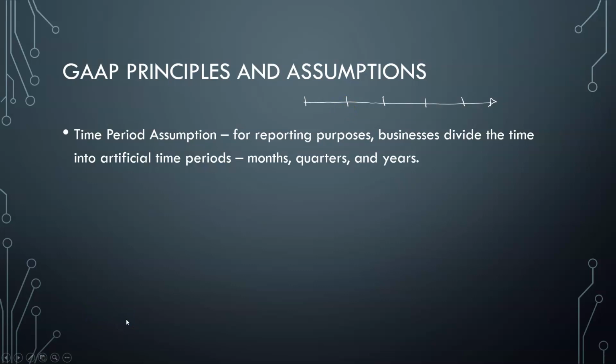Most companies will follow the calendar year, but many do not. So for their accounting year, most companies will pick the calendar year, but some companies will pick a time of the year when they're not really busy.